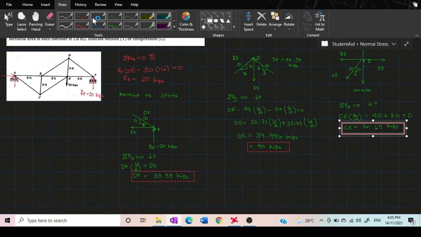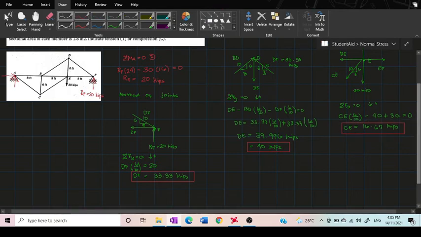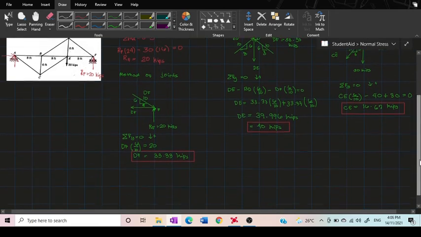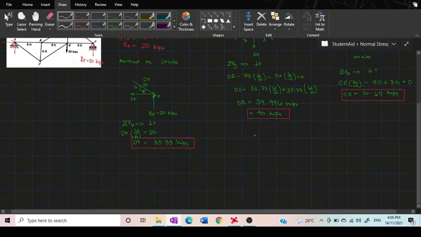Let's proceed in finding the stresses because we are asked to find the stresses of these members. To find the stresses, we have a formula which is stress is equal to P over A. Let's start with DF.